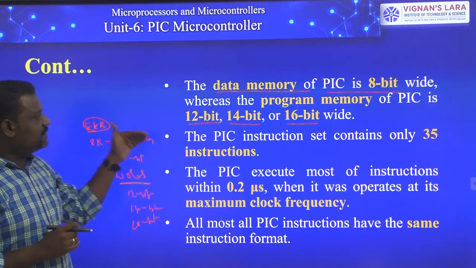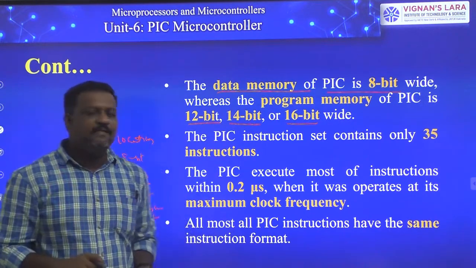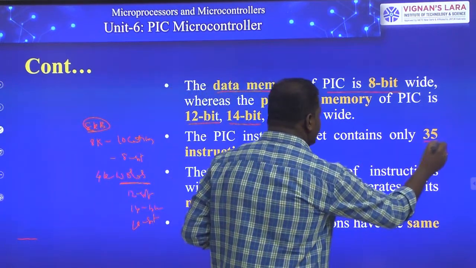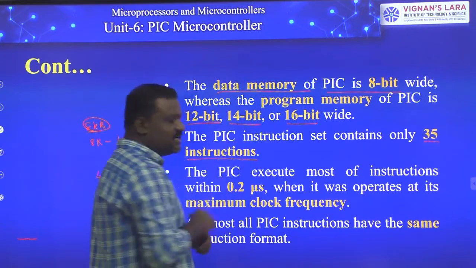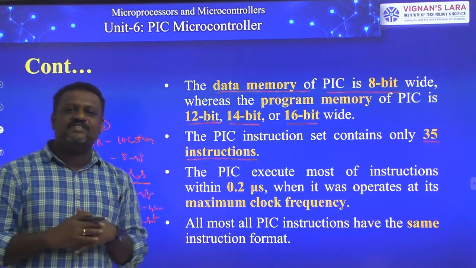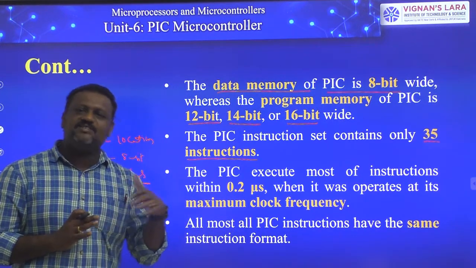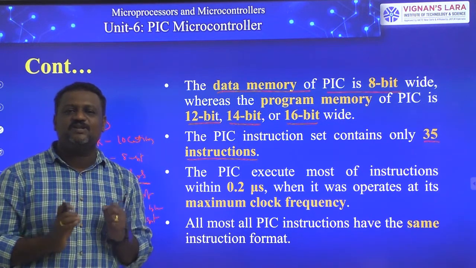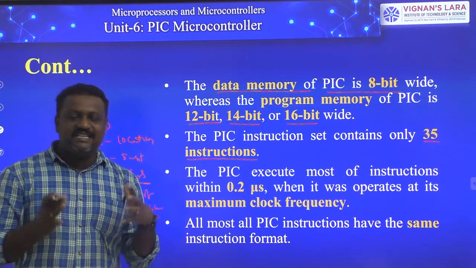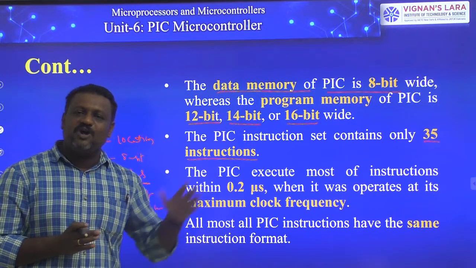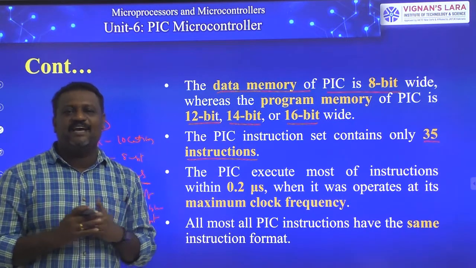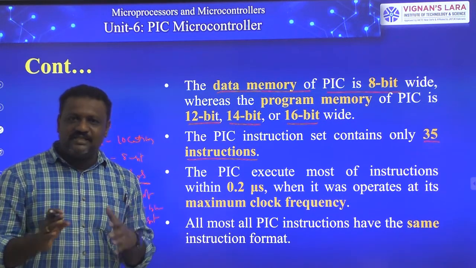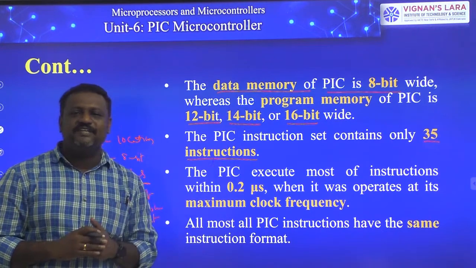And next, the PIC instruction set contains only 35 instructions. See here friends, it is very important. The number of instructions present in the PIC instruction set is just 35. So it is easy for a user to remember all these 35 instructions.